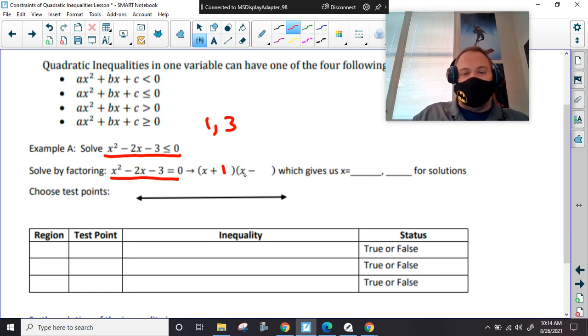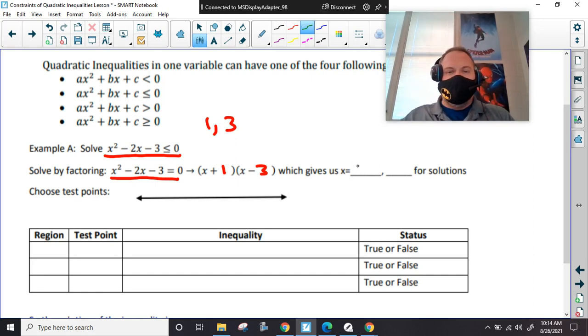So we are going to go 1 right here and 3 right here. And when we are solving this, it's the opposite of what's on the inside. So the opposite of +1 is -1, and opposite of -3 is +3.